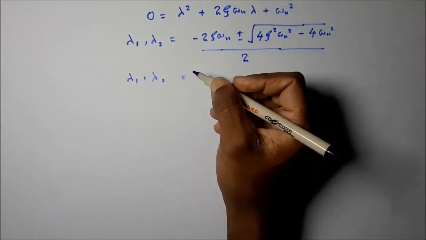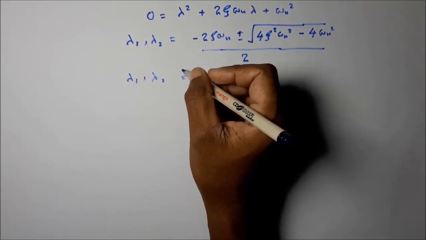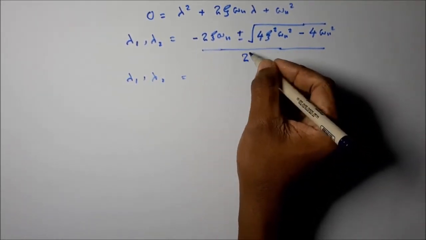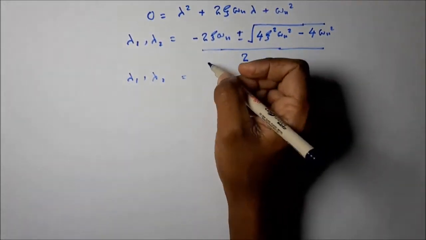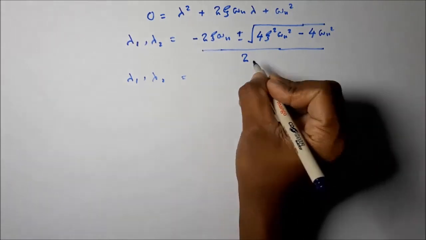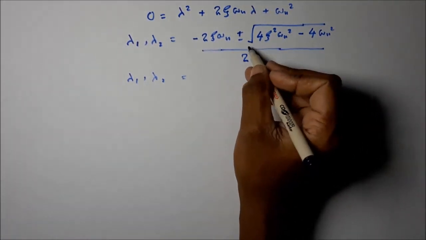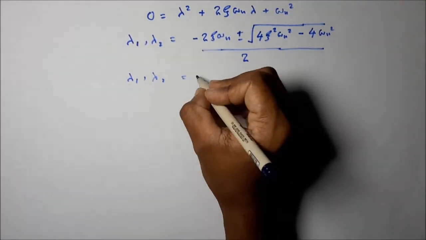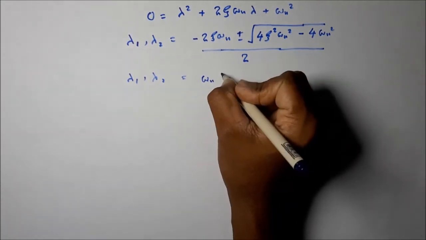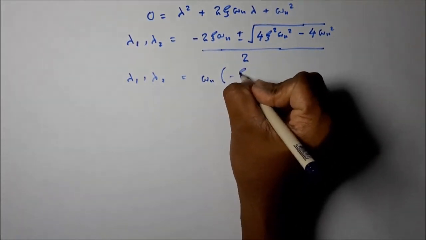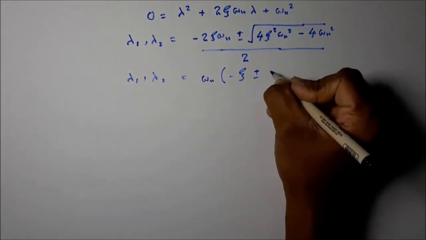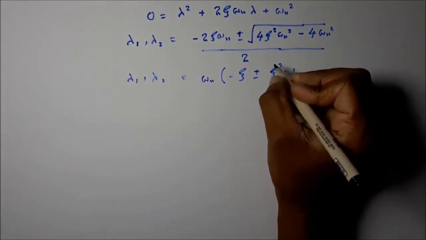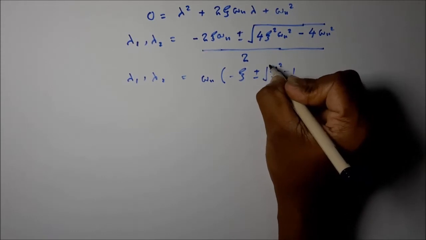Further we can simplify this equation. We can cancel the 2, and take omega n out of the square root sign and also out of the numerator. Then we have minus zeta plus or minus square root of zeta square minus 1.